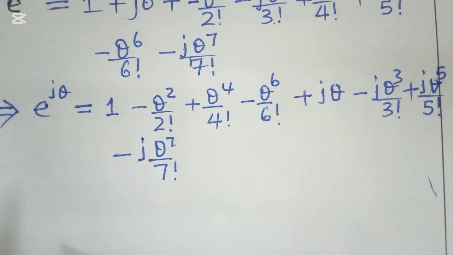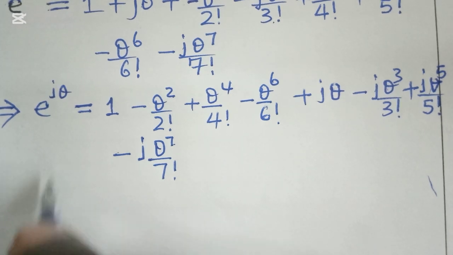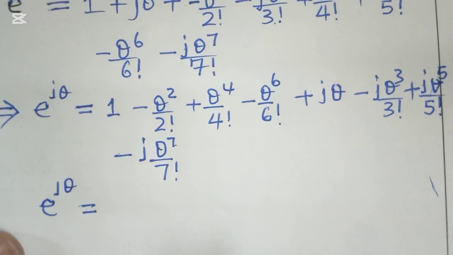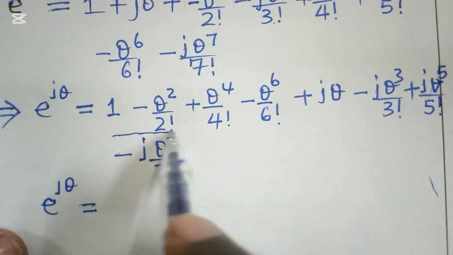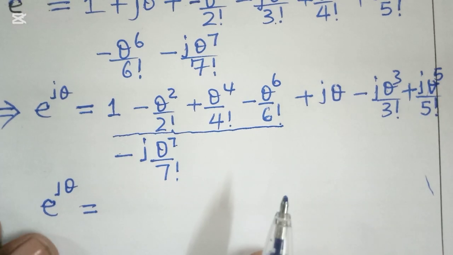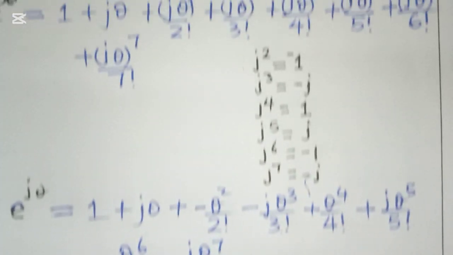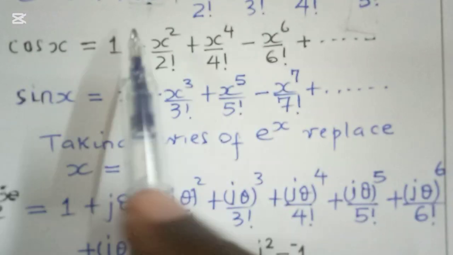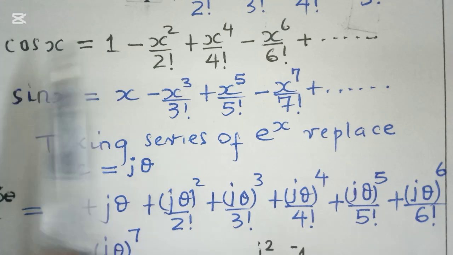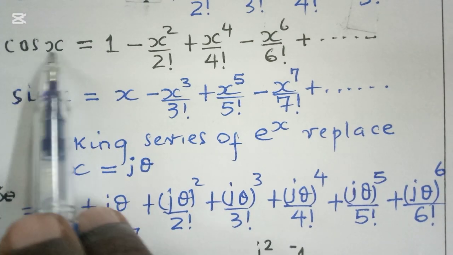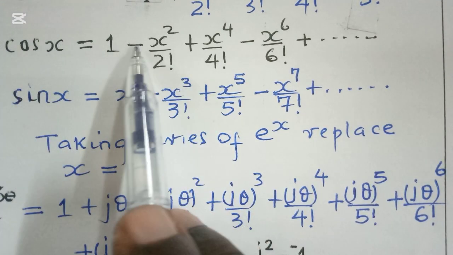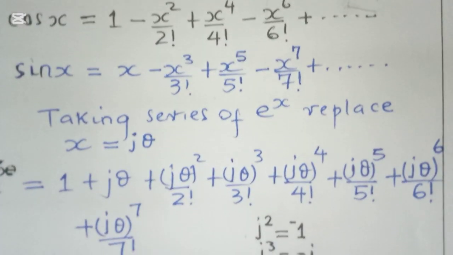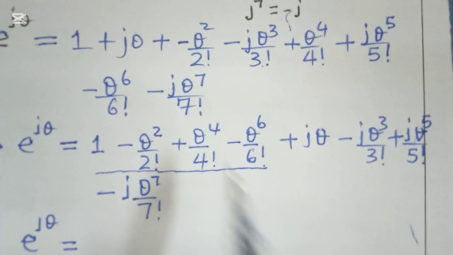Because of that, guys, I can now say e raised to j theta will be equal to, if you look at this, our series for cos theta: if we put theta in the cos series, we shall have 1 minus theta squared over 2 plus theta raised to 4 all over 4 minus theta raised to 6 all over 6, which is right here.